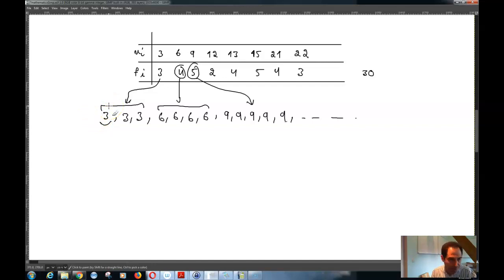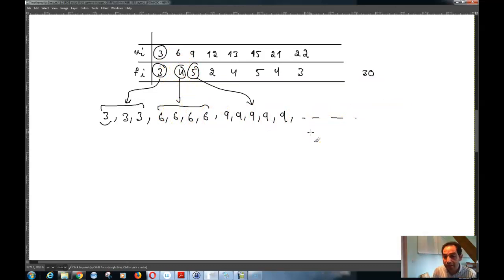Each of those numbers is called an observation, or technically an x of i in the language of statistics, and f of i is the frequency related to each observation. The frequency related to the observation 3 is 3, meaning that the number 3 has been repeated throughout all of your observations 3 times, and 6 has been repeated 4 times, and so on and so forth.